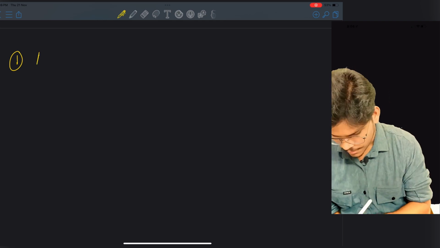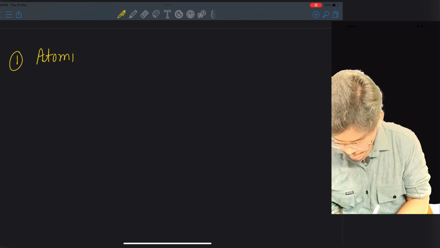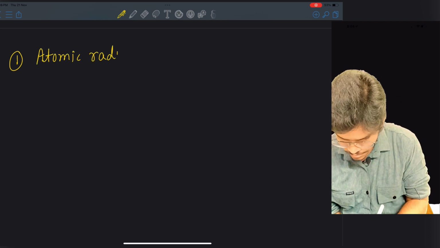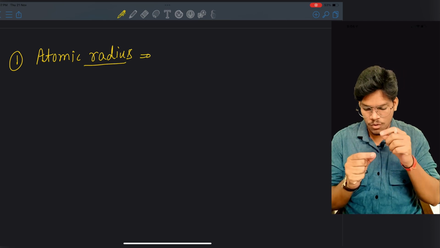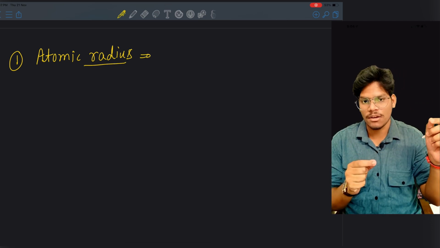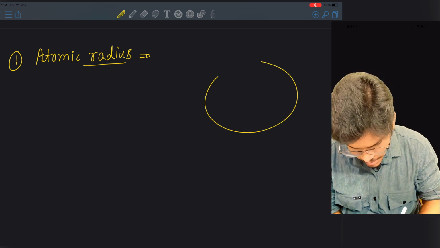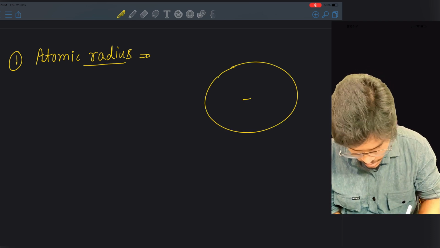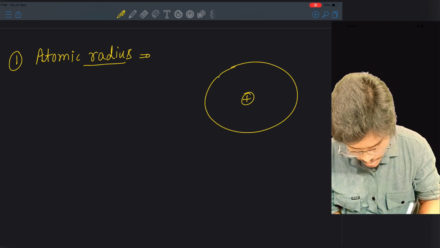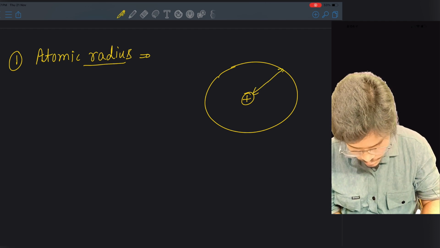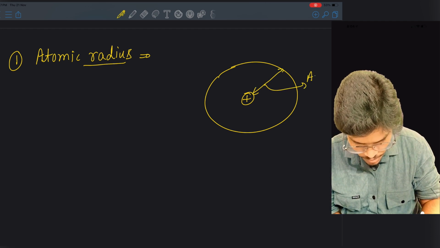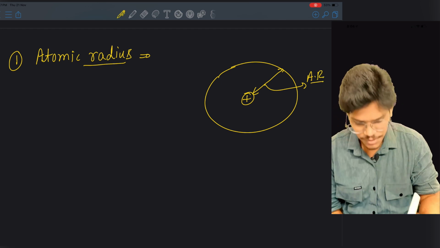First one is our atomic radius. Look, what is the atomic radius? A measurement of the distance from the nucleus to the outermost shell of an atom. Look, like this. This is our nucleus, this is the shell. The distance from this to this is called our atomic radius.